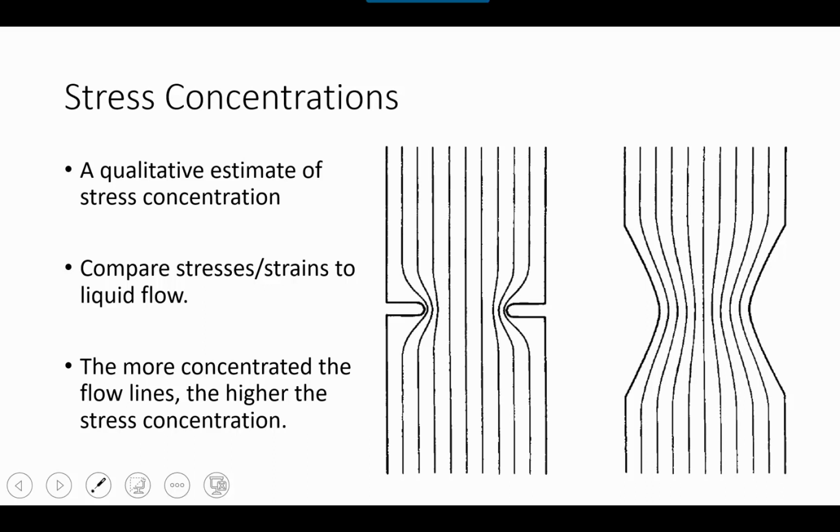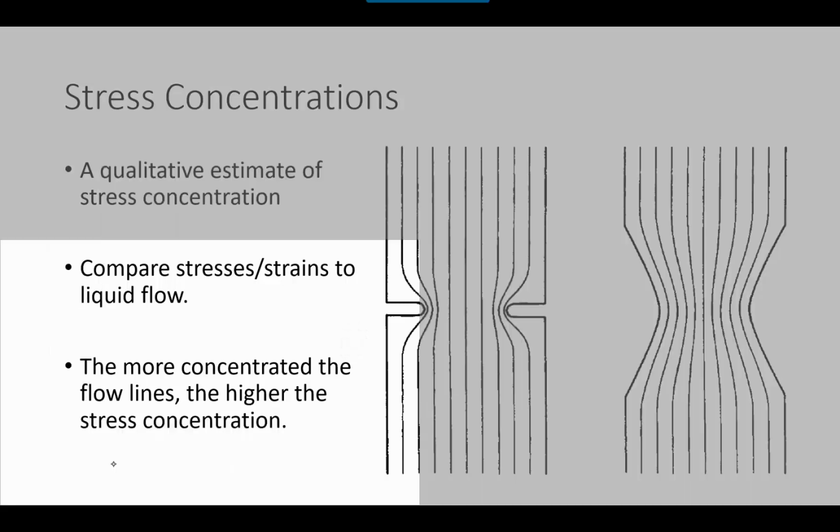The method is where we compare stresses and strains, the fields and the development of them, to fluid flow, to a liquid flow, where when we see the flow lines concentrate or become more closely packed, we consider those locations to be places of higher stress concentration.